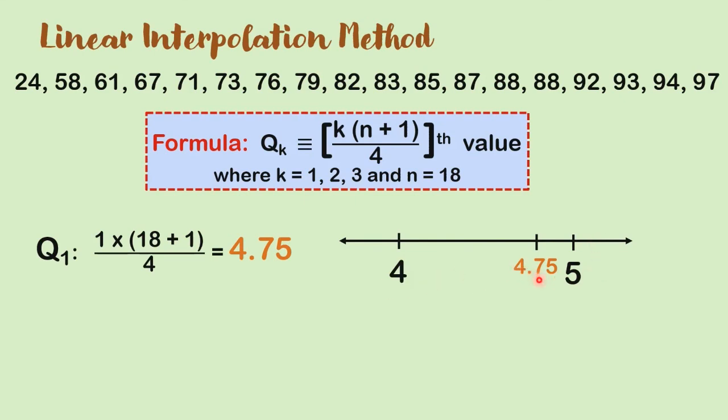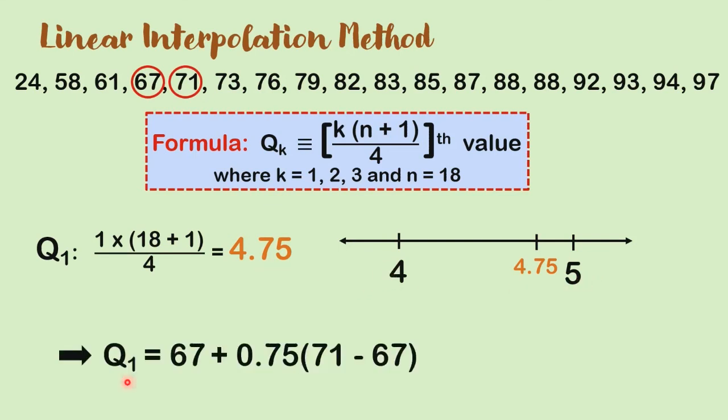Okay, since yung 4.75 is between 4 and 5, I want you to focus on the fourth value and fifth value here in our rank data. Nasaan yung fourth and fifth position? Eto. Okay? Bakit ulit sa fourth position and fifth position? Because your 4.75 is between 4 and 5.